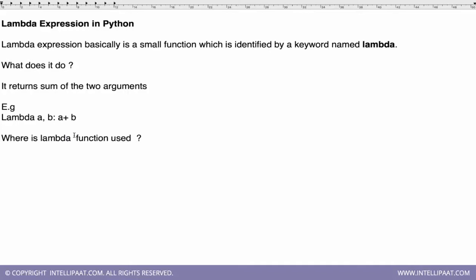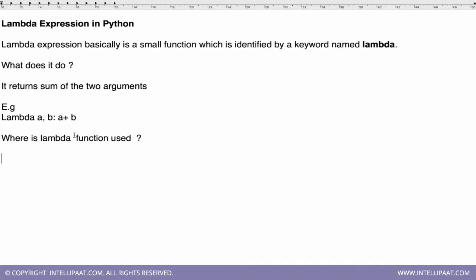Well, in an ideal scenario, as per the definition for a layman, it is used wherever the function objects are called. What are function objects? Function objects are those variables which are part of the function.